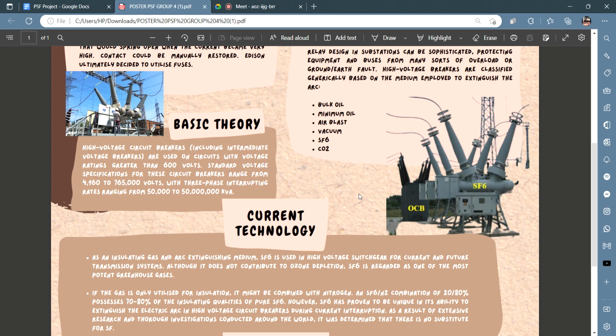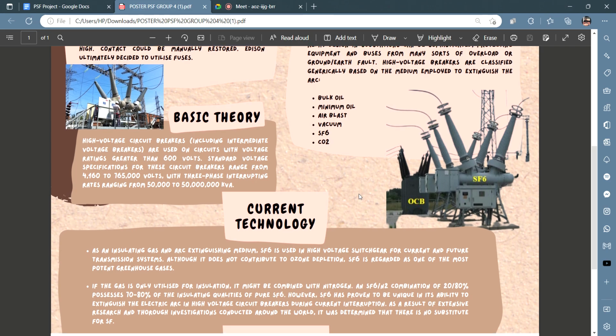Oil circuit breakers were the majority of high voltage circuit breakers in the early stage of electrical system development. However, magnetic and compressed air circuit breakers have been created and are currently in use.